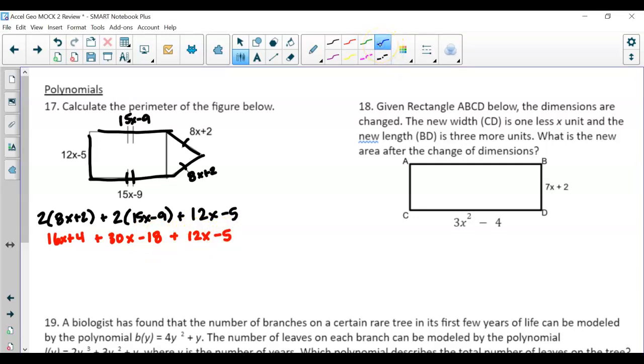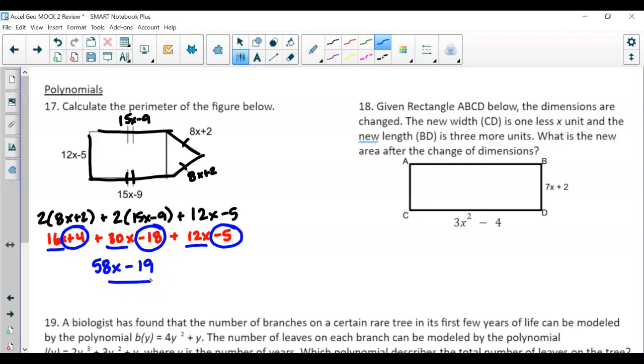Now it's all about combining like terms, right? So with all of our x terms, that's how you get 58x. Then here with our constants, that's how you end up with negative 19, which is the perimeter.